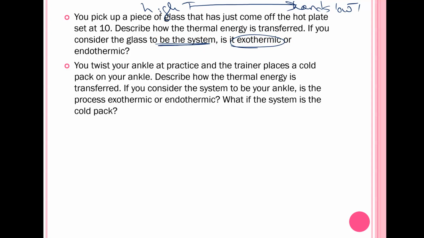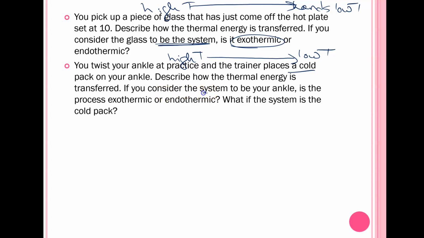You twist your ankle at practice, and the trainer places a cold pack on your ankle. So your body is at high temperature, and the cold pack is at low temperature. Describe how the thermal energy is transferred. It goes from the high temperature to the low temperature. So your body is losing heat, and it's giving it up to the cold pack.